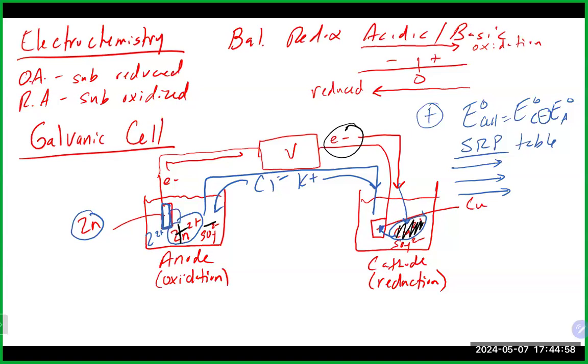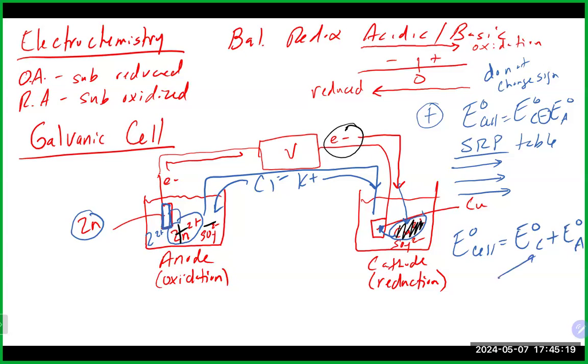You should then add them together. So if you want to subtract, you should not change the sign. If you want to change the sign, which is technically correct if you do write the anode half reaction, you should add them together.